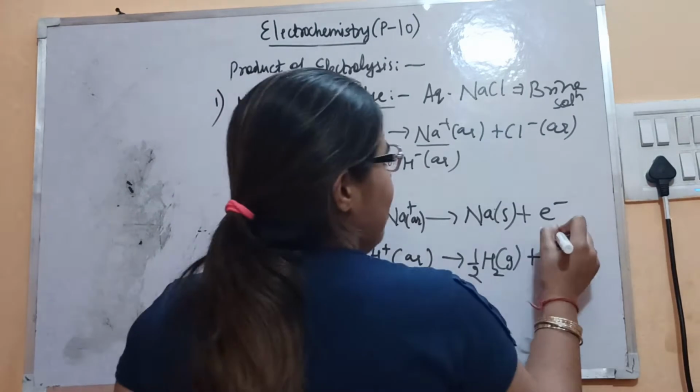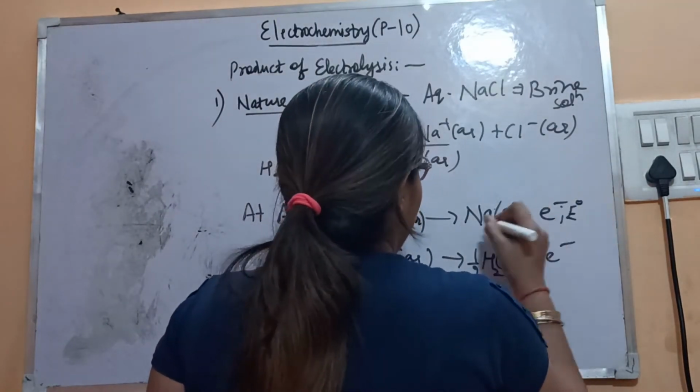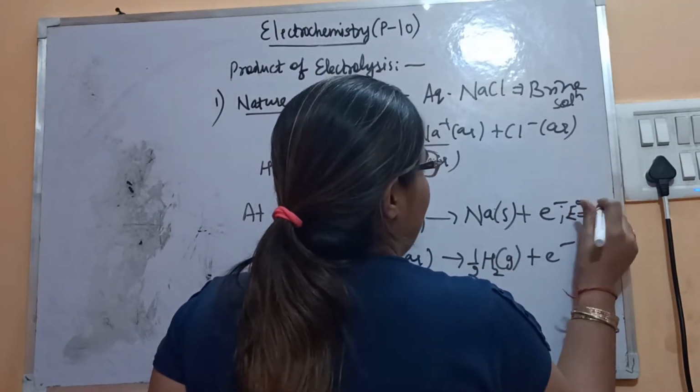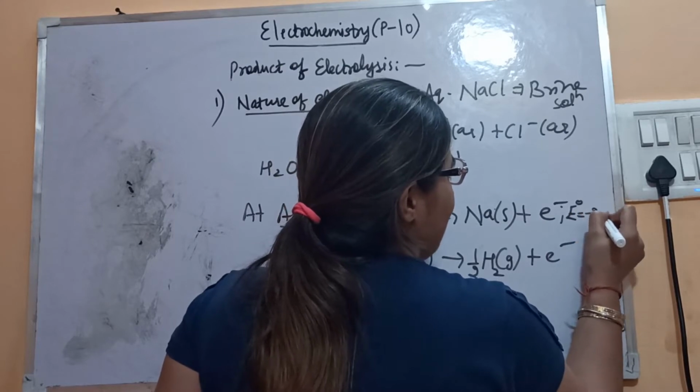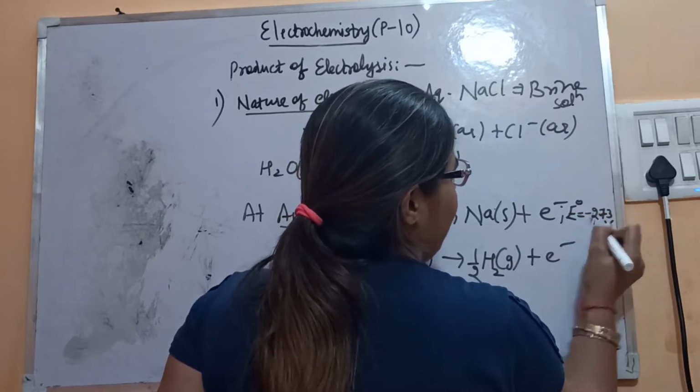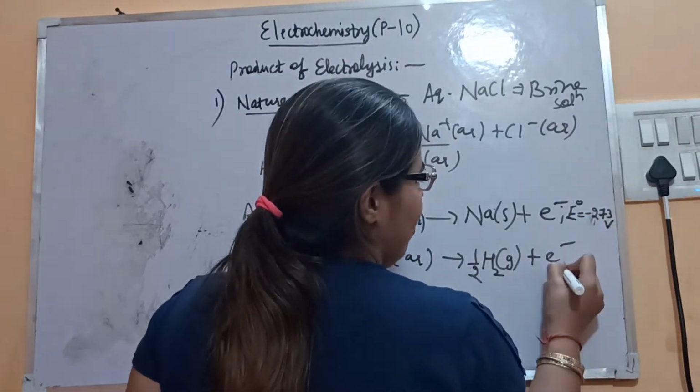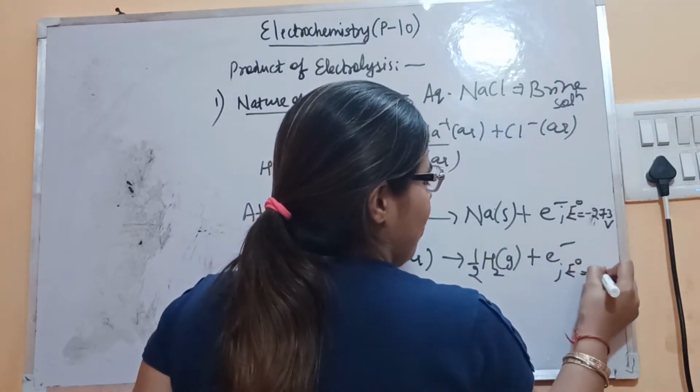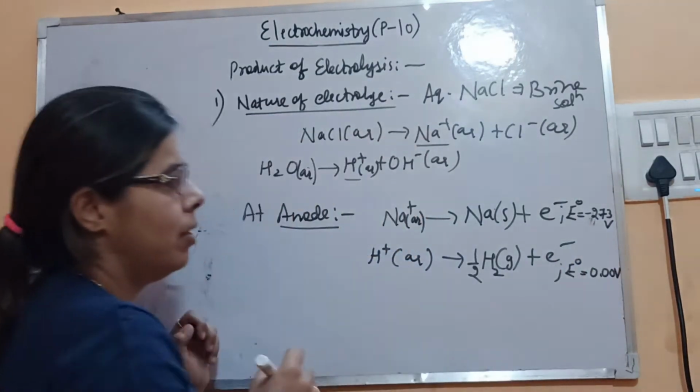So here the E naught value for this process is equal to minus 2.73 volt. And for hydrogen, we know that E naught is equal to 0.00 volt.